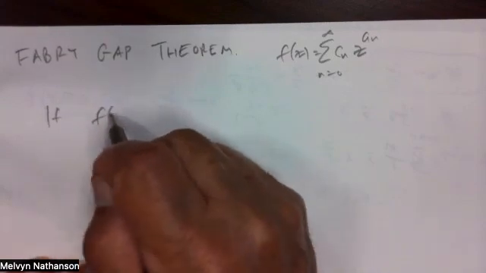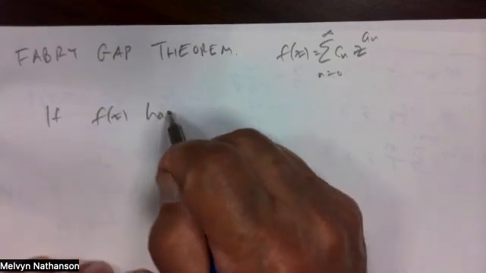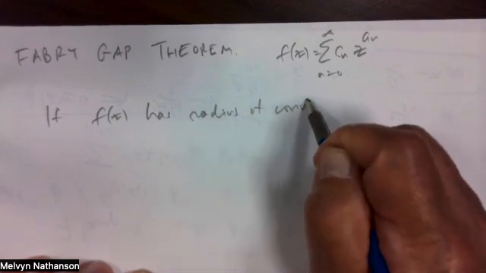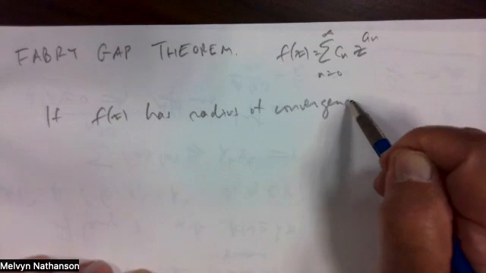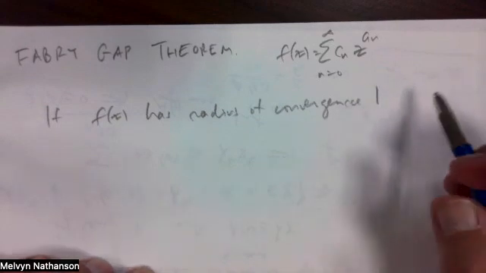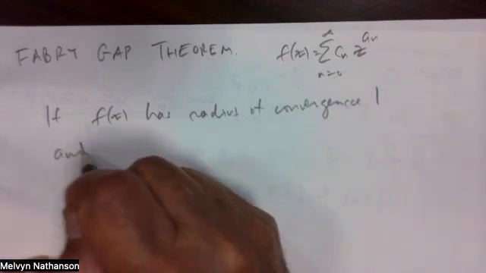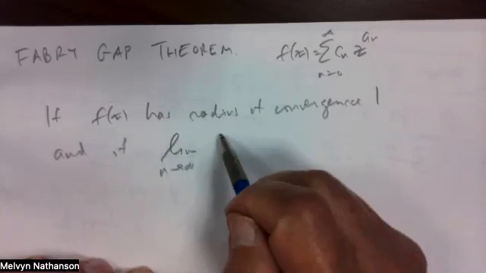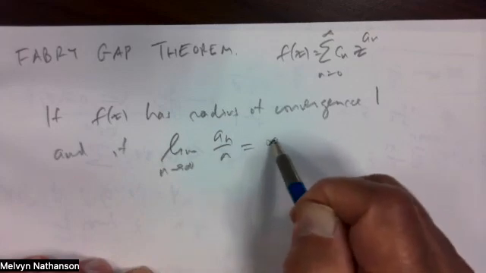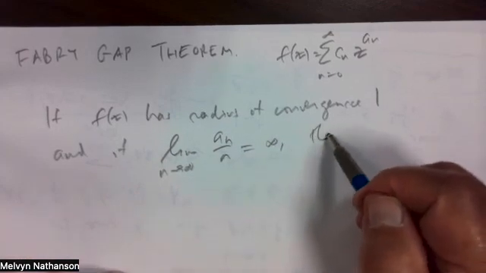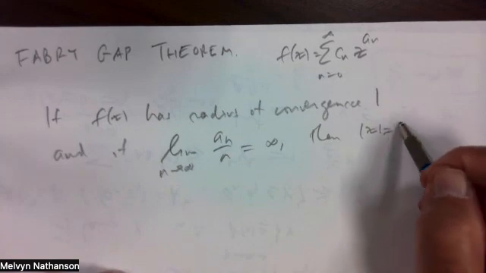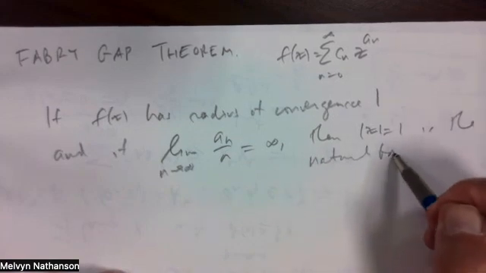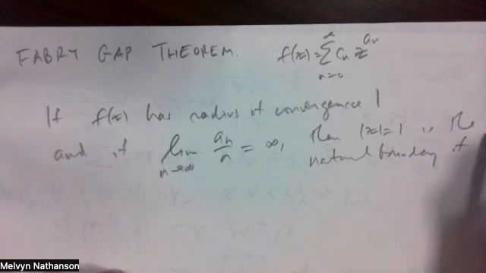If this function f of z has radius of convergence 1, and if the limit as n goes to infinity of a sub n over n is infinite, then the unit circle is the natural boundary of f of z.